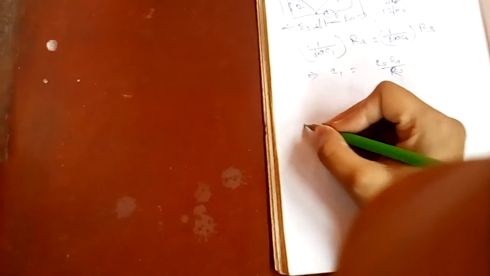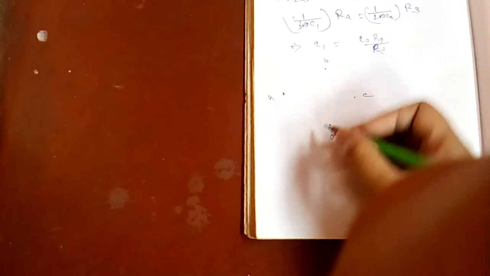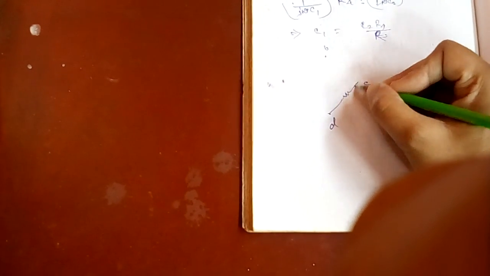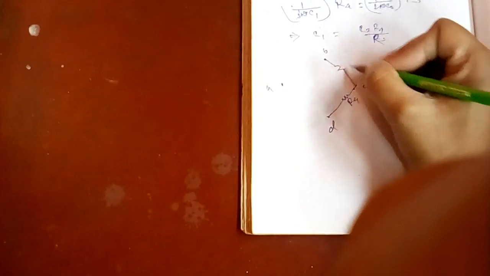In the modification, there is a resistance, A, B, C, D. This is A, this is B, this is C, and D. Between C and D there is a resistance. Between A and B there was a capacitor, then it was connected by a resistance.